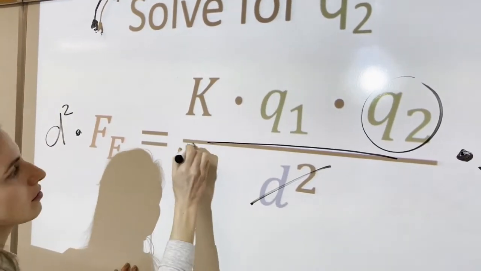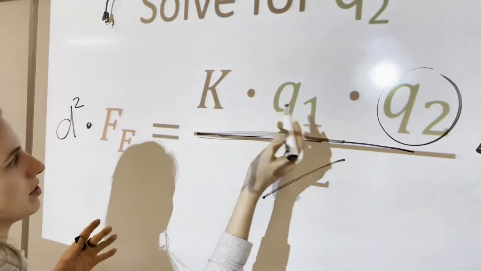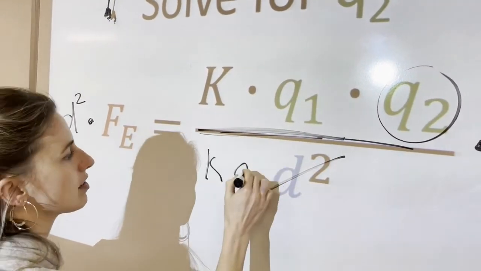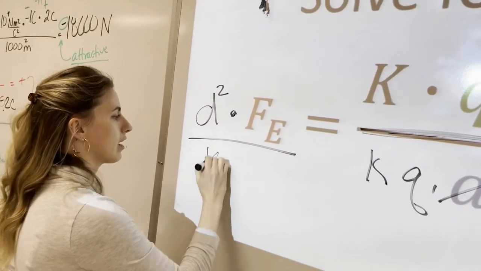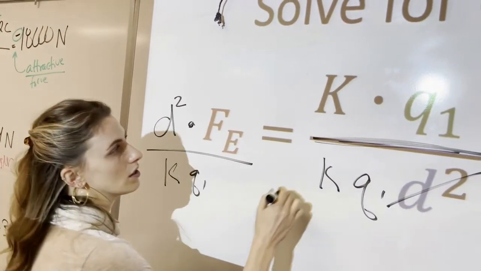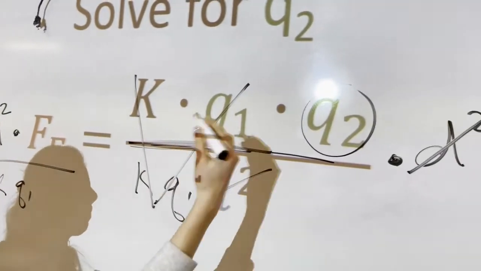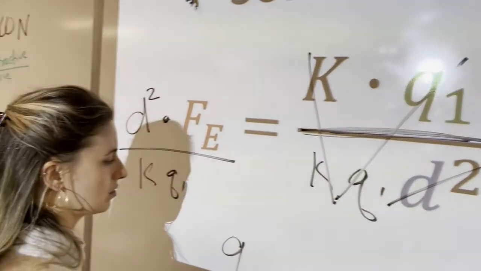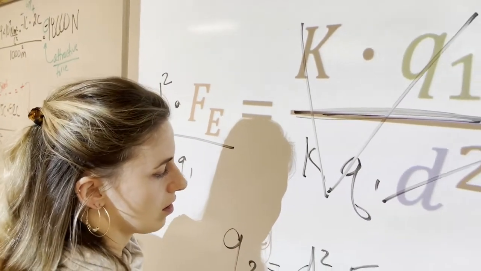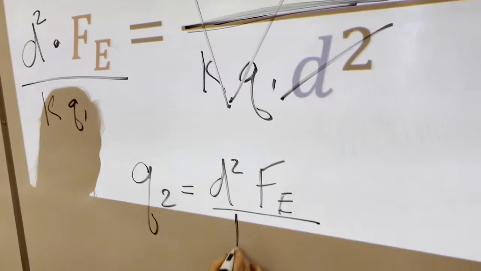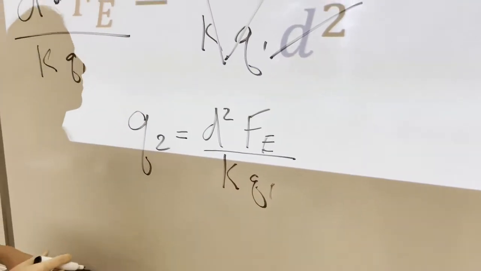We divide. So I'm going to divide by both of them at once. I can get rid of K and Q1 in one fell swoop. So I'm going to divide by K and Q1. K cancels, Q1 cancels, and now we're left with Q2. Q2 is equal to D squared times FE over K Q1. Boom.